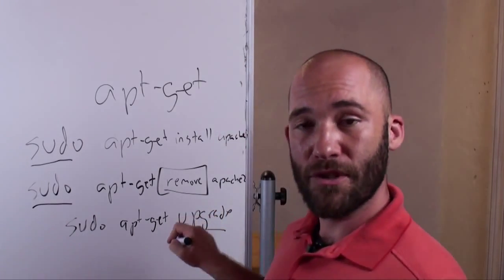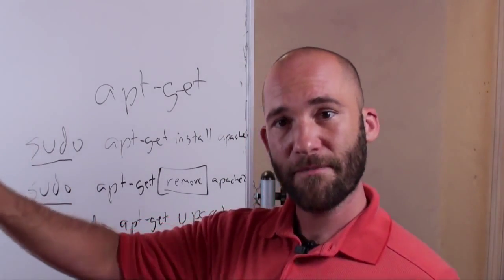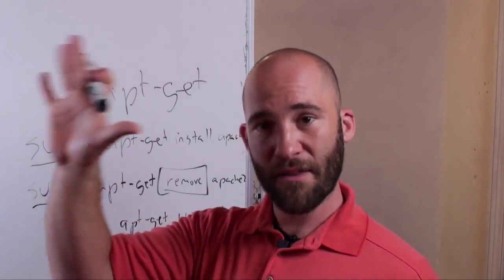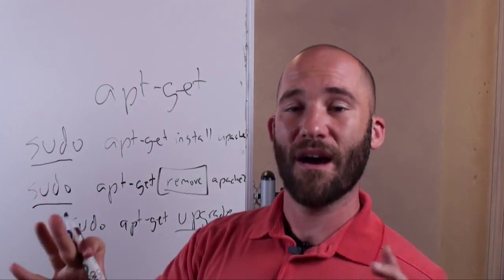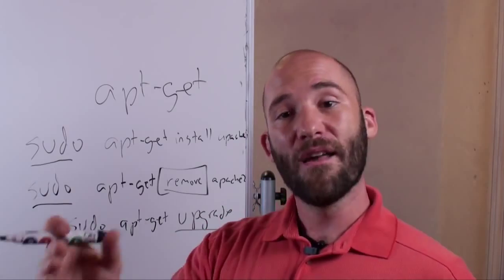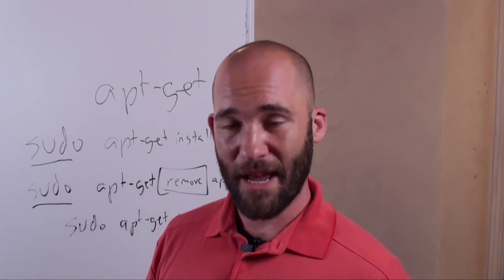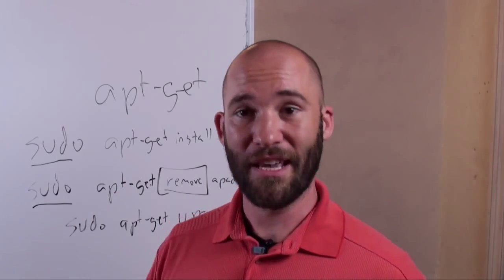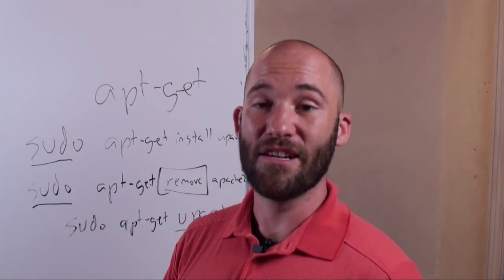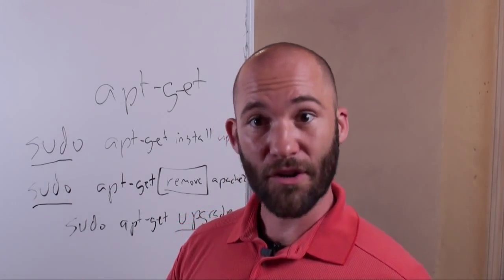What this command will do is go out to that repository and see if software in the repository is newer than software that you have on the server, bring down that information, and then ask, do you want to update your software? You say yes, and then it will automatically update all of the software that you have on your computer.